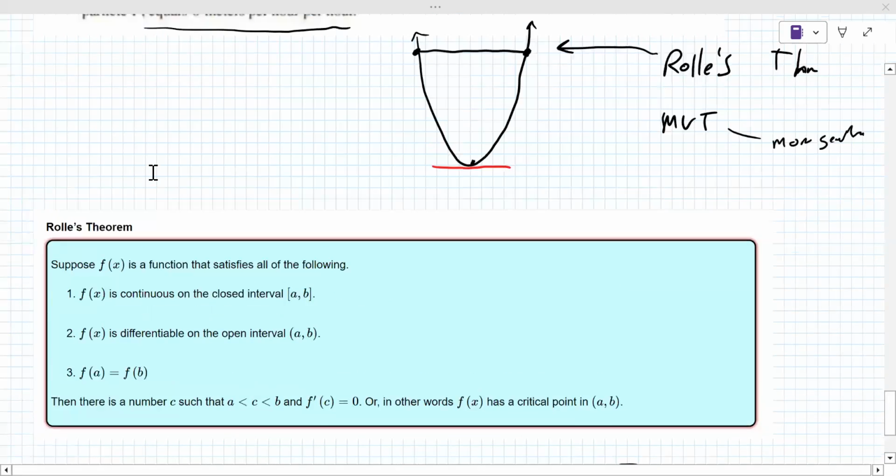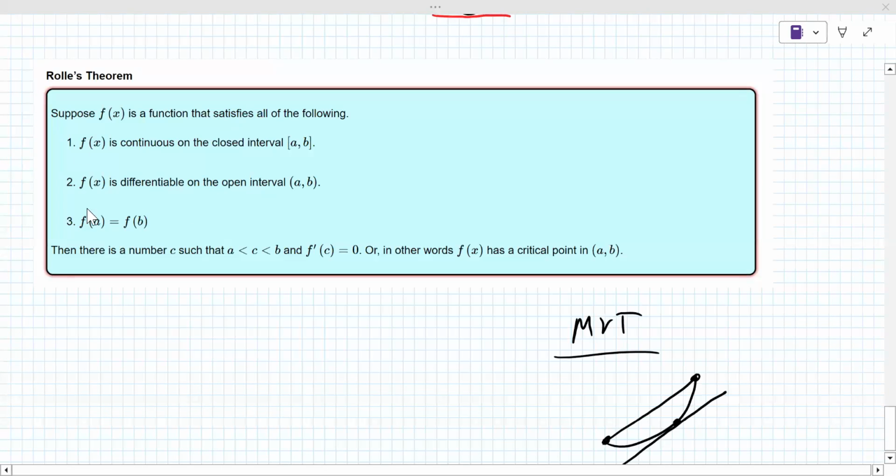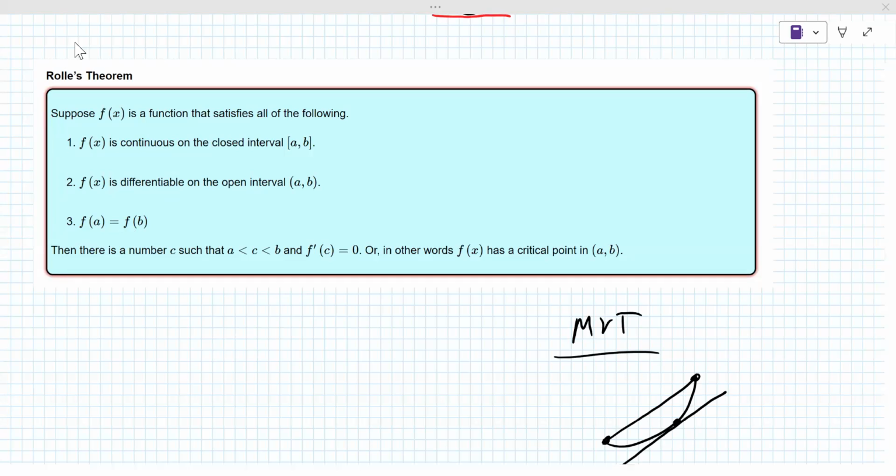So you've got to give some of that information here. And it depends how formal you want to be. Either just say the derivative changes sign somewhere in the interval, or you say, full on, Rolle's theorem: continuous, differentiable, and the endpoints are equal.